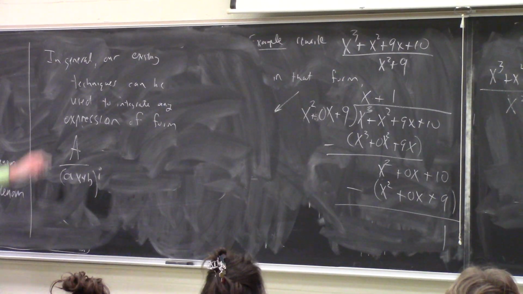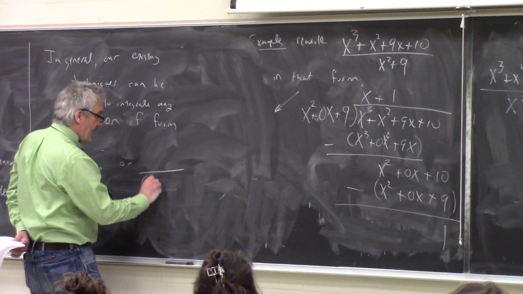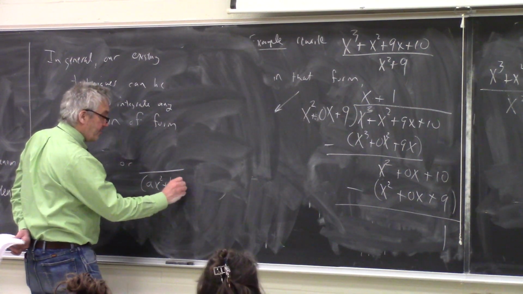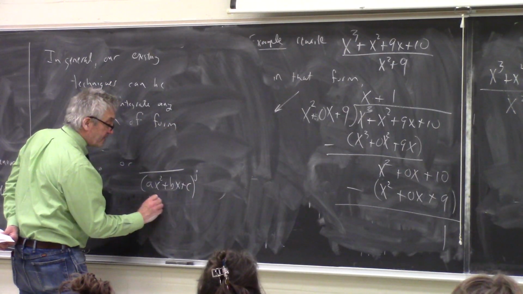Again, I've discussed some of those over there. Or an irreducible quadratic, ax squared plus bx plus c to the jth power, where this is irreducible.